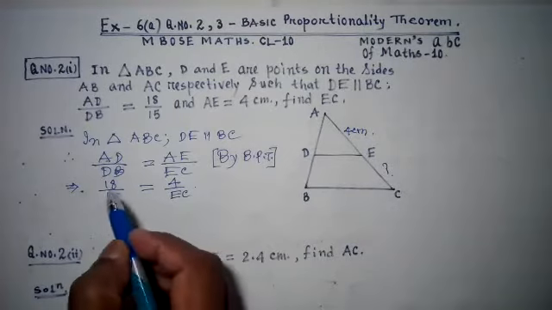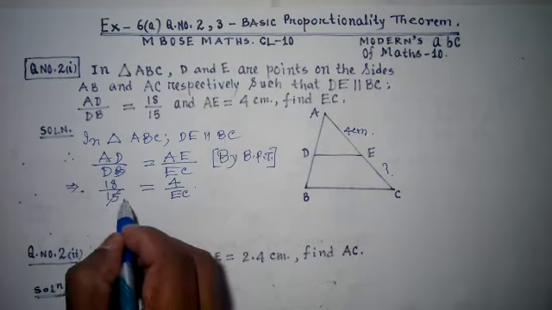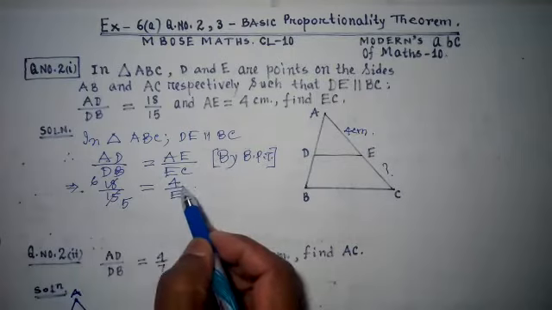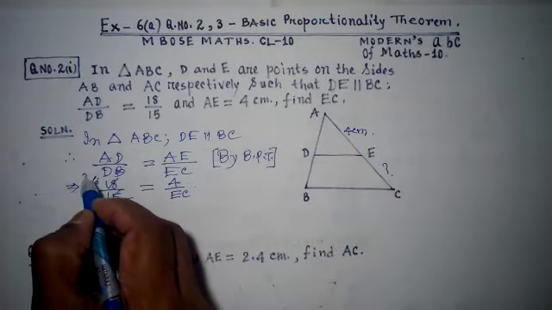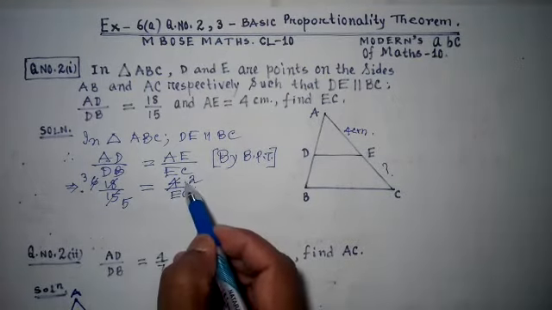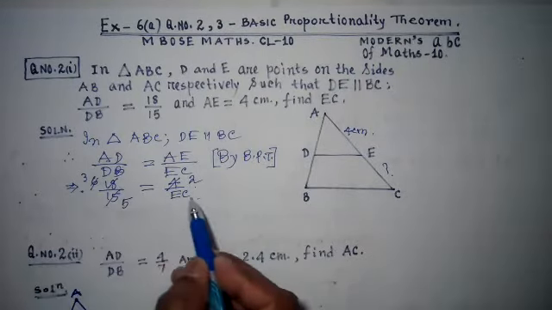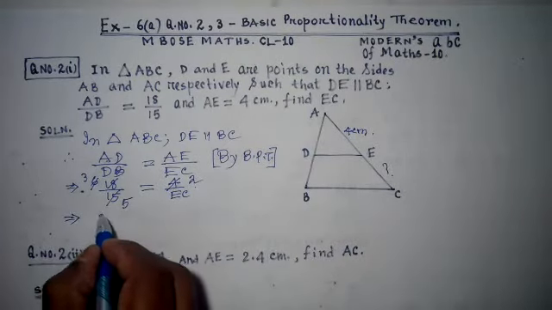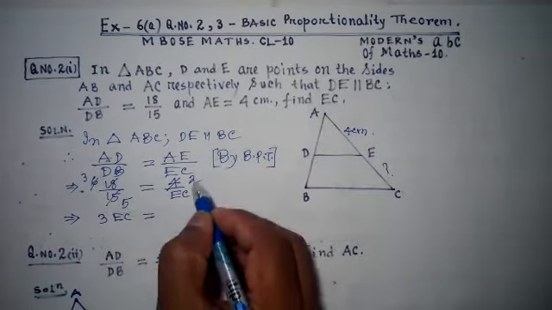And now try to cancel this 15 and 18. Cancel by 3 it is 5, and cancel by 3 it is 6. Even this 6 and 4 also we can cancel. Let us cancel by 2, it will be 3, and cancel by 2, it will be 2. Then we do cross multiplication. 3 into EC, it is 3 EC is equal to 5 into 2, it is 10.